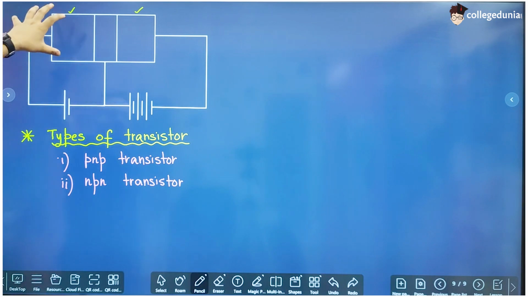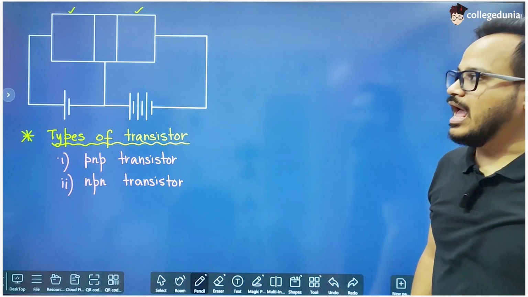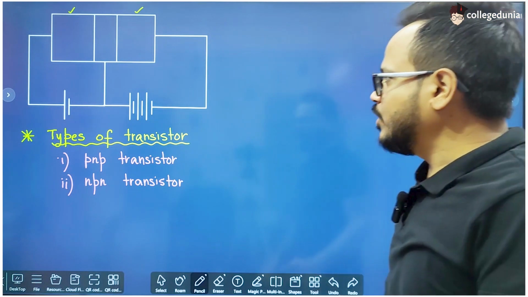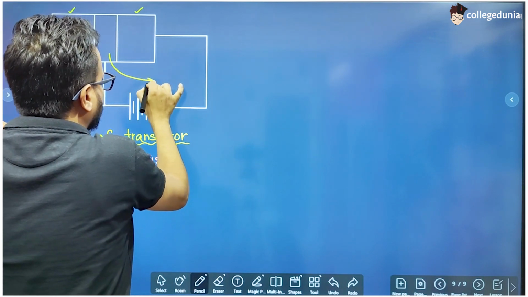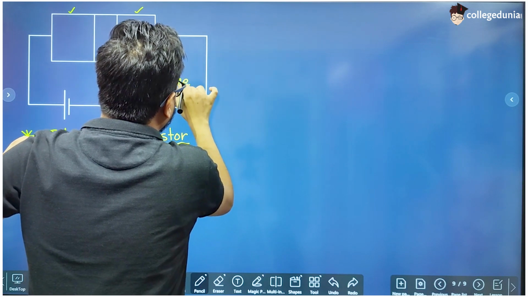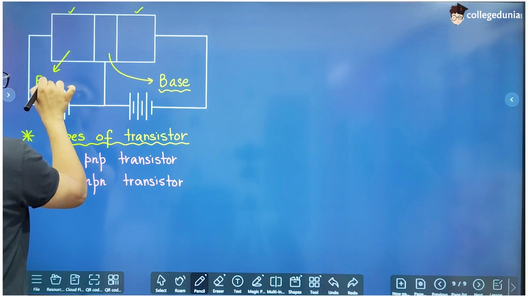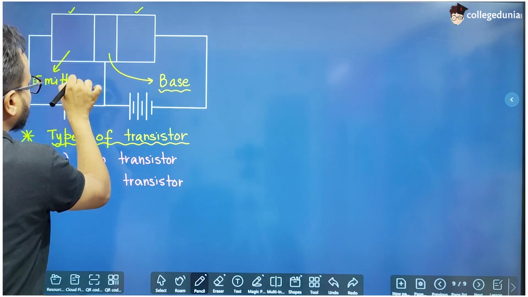These two regions, which are on either side of the middle region, are heavily doped, and the middle region is lightly doped. The name of the middle region is fixed. The name of the middle region is base, right? And one of these regions is called the emitter, which emits the majority charge carriers. We will discuss what is the meaning of this statement.